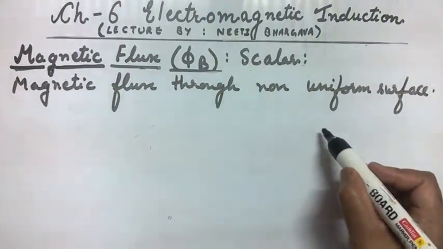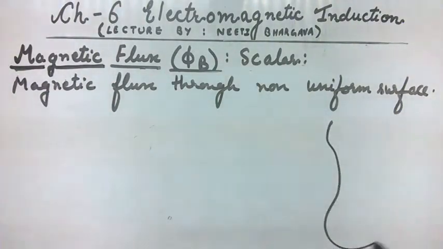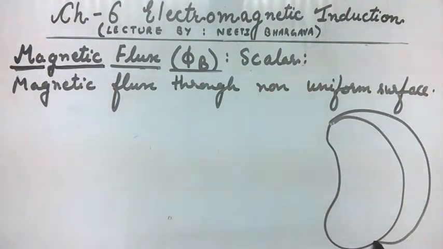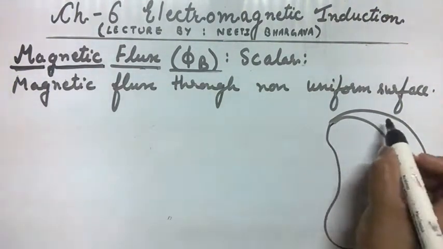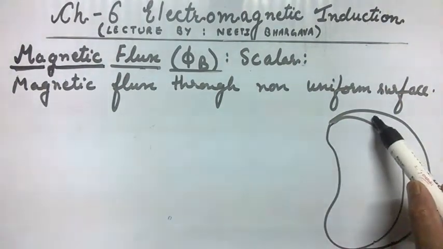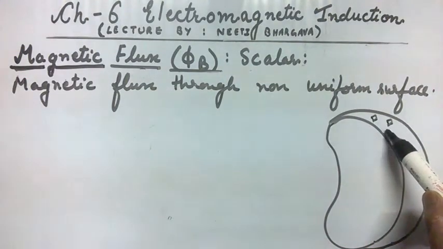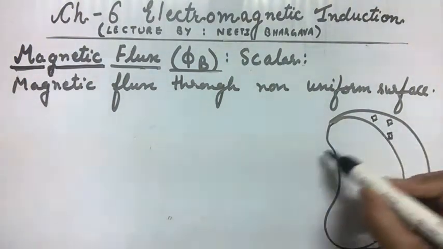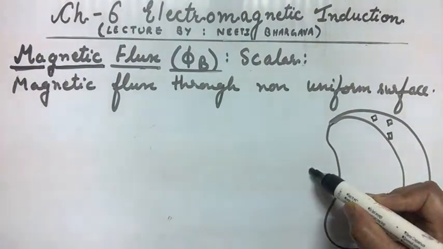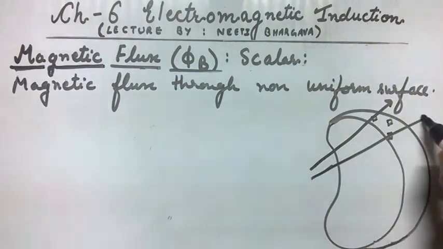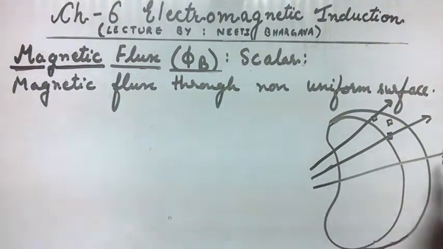Consider any arbitrary lamina which has any shape, and as the area elements are of different shapes or sizes, thus the magnetic field lines passing through that area are also changed. That is varying magnetic field.